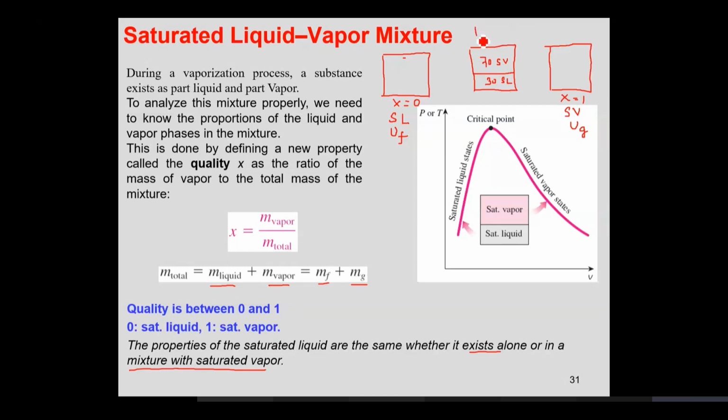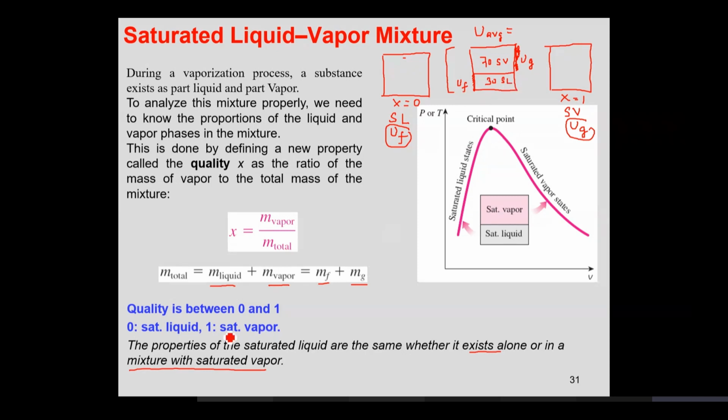I'll call it the average internal energy, U average, which would depend upon UF and UG. It means that this portion, the saturated liquid, would have the internal energy UF, and this 70% portion would have the internal energy UG, and the total mixture would have the average.